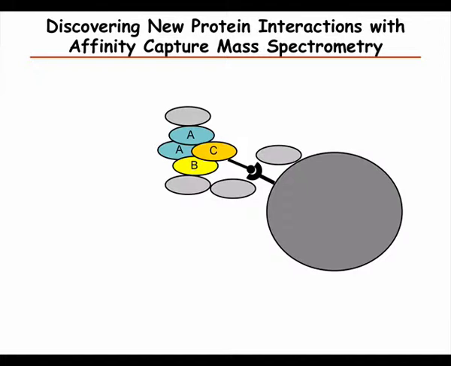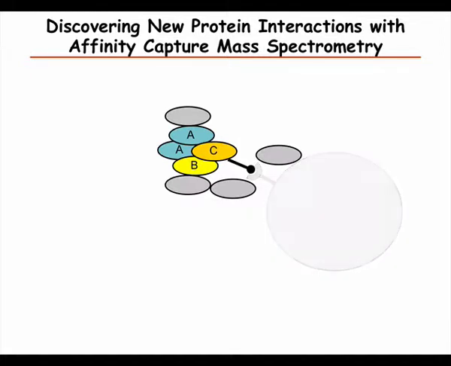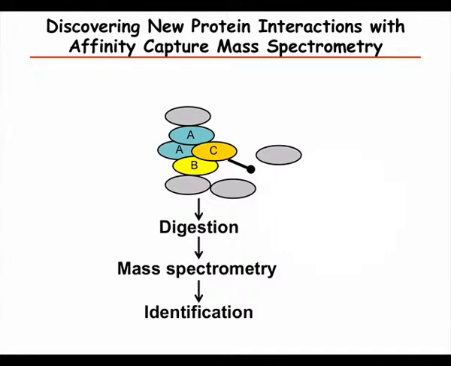Then, when we have this, we measure it with mass spectrometry. So we go through the regular workflow where we digest the proteins, analyze them by mass spectrometry, and identify which proteins are there.